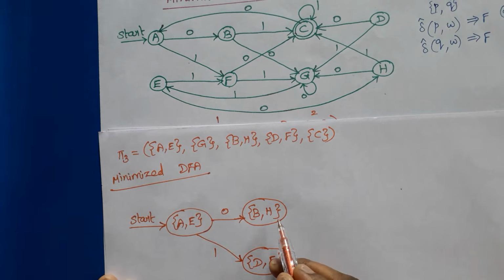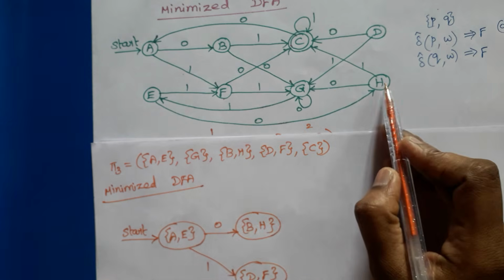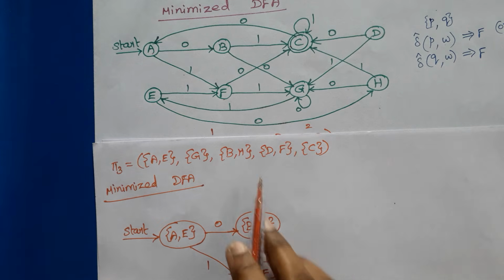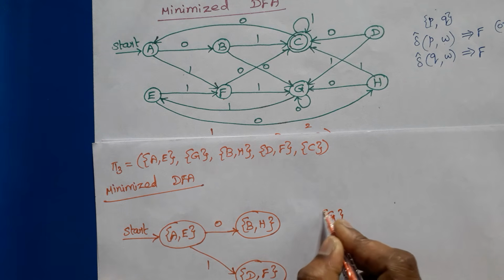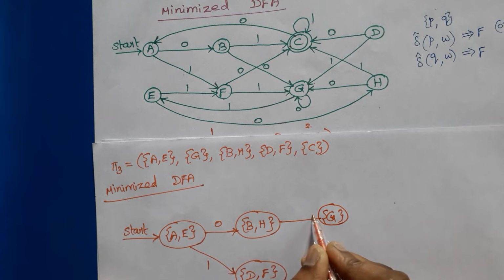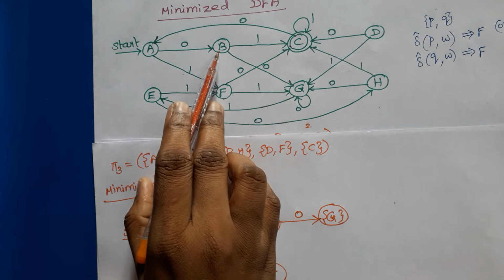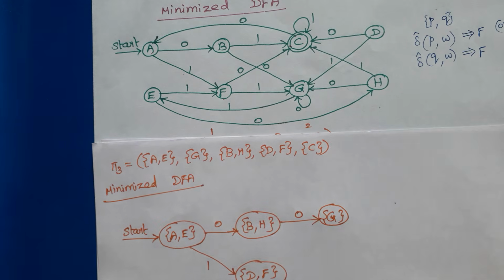Then from BH, from B 0 goes to G, from H 0 goes to G, and G is a different group. So from both B and H, 0 goes to G. Then from B, 1 goes to C, and from H also 1 goes to C. C is a different group and it's a final state.